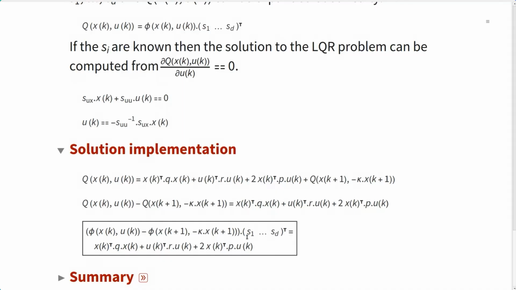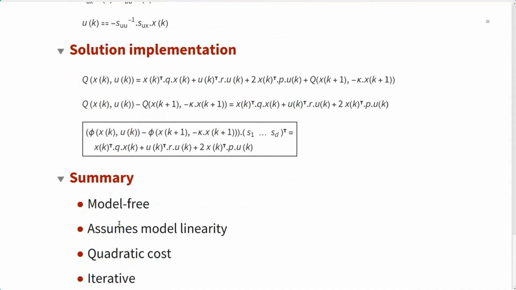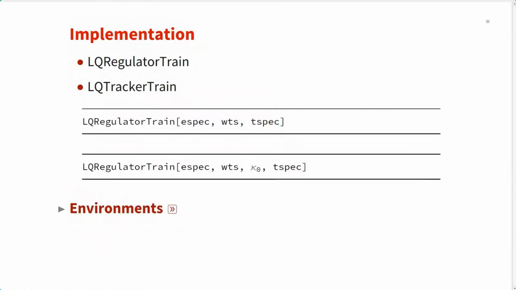Once we have made a sufficient number of these observations, we can compute the values of S, and from that estimate what u should be. So in summary, this is a model-free approach, but it assumes model linearity, and it uses the quadratic cost. It is an iterative procedure to get to the control gain.